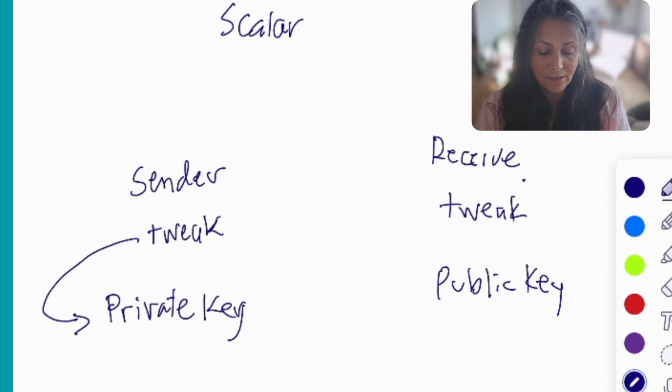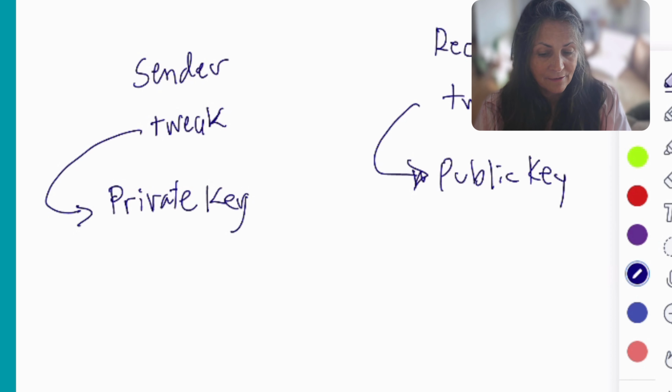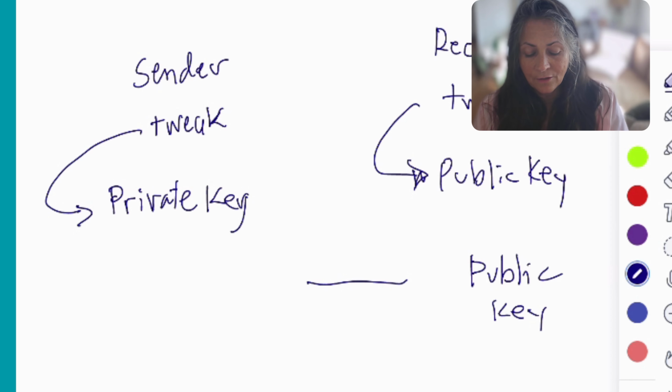So the receiver's public key. And the tweaked result is a new public key that maps to the tweaked result of the sender's private key.